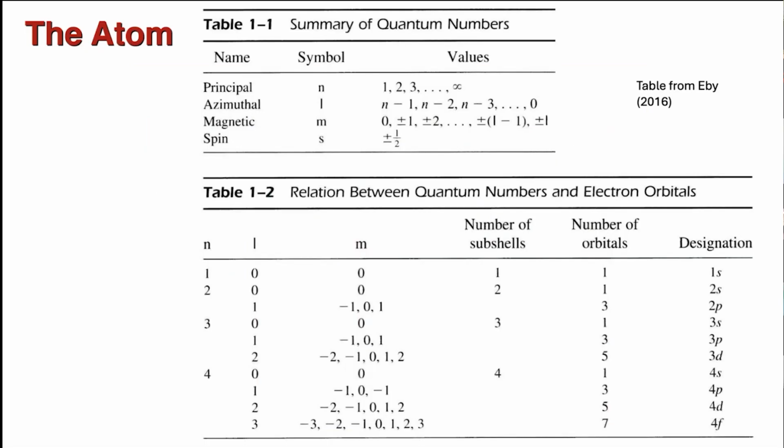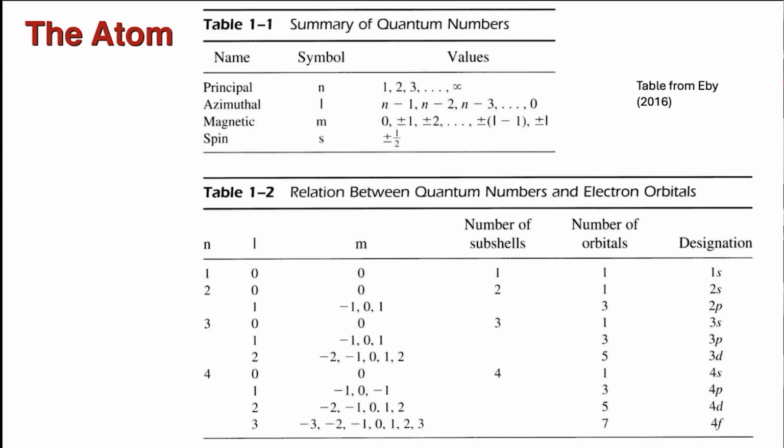I'm not going to go into this in too much detail because it's more than you really need to know, but just recognize that within the atom, each electron is defined by quantum numbers: the principal, the azimuthal, the magnetic, and the spin.